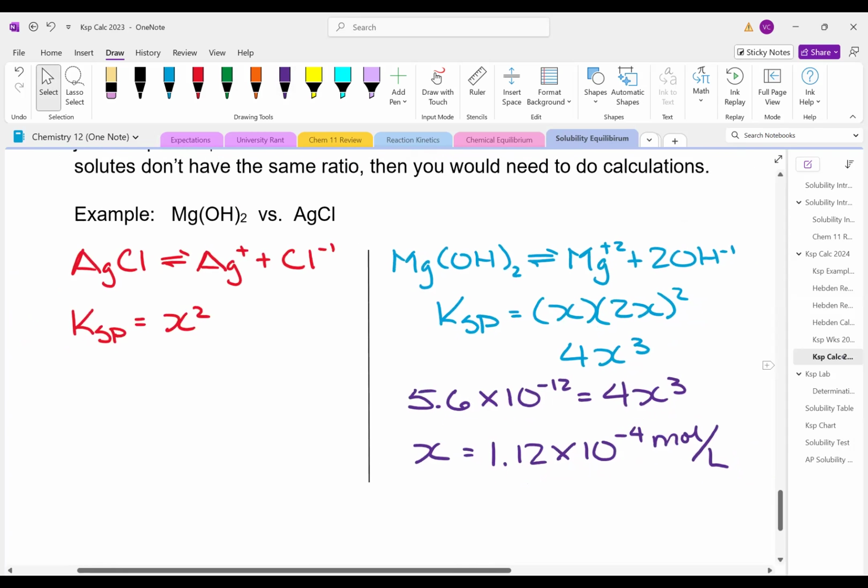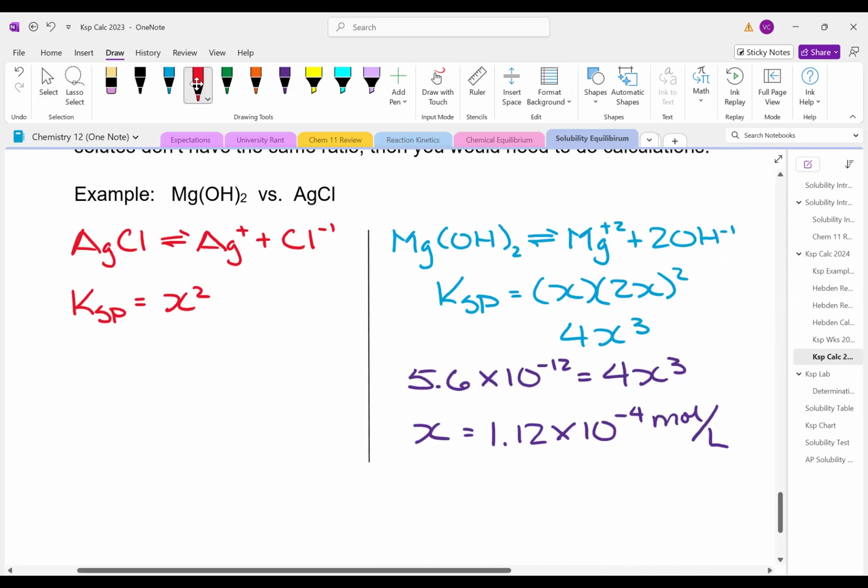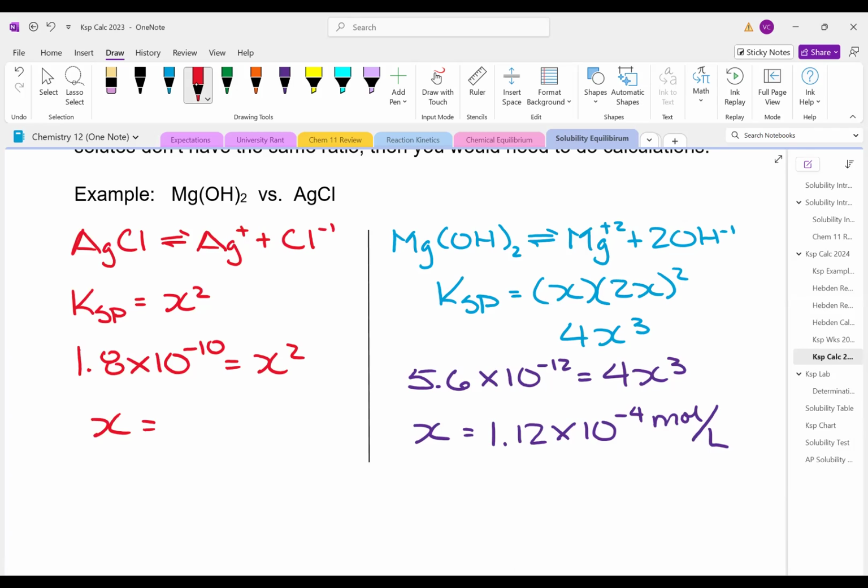Conversely, if we did AgCl, I have here 1.8 times 10 to the negative 10 is equal to x squared. So x would be the square root of 1.8 e to the negative 10, and I would get 1.34 times 10 to the negative 5 moles per liter.